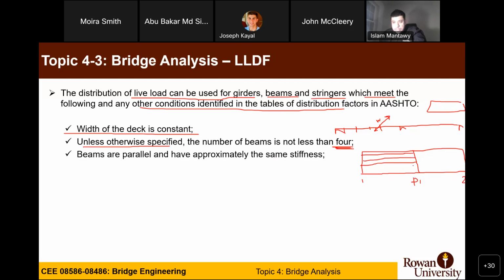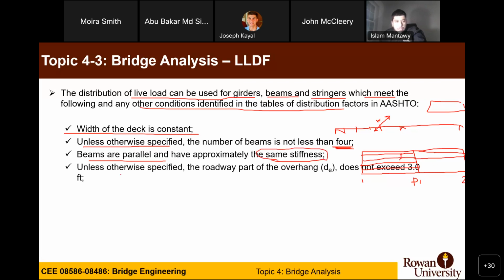What's mentioned here is that beams have to be parallel, so you don't have a beam with a different distance; it has to be constant and parallel, right? And they always have very close stiffness, or cross section. Unless otherwise specified, the roadway part of the overhang, de, is most likely not more than 3 feet.